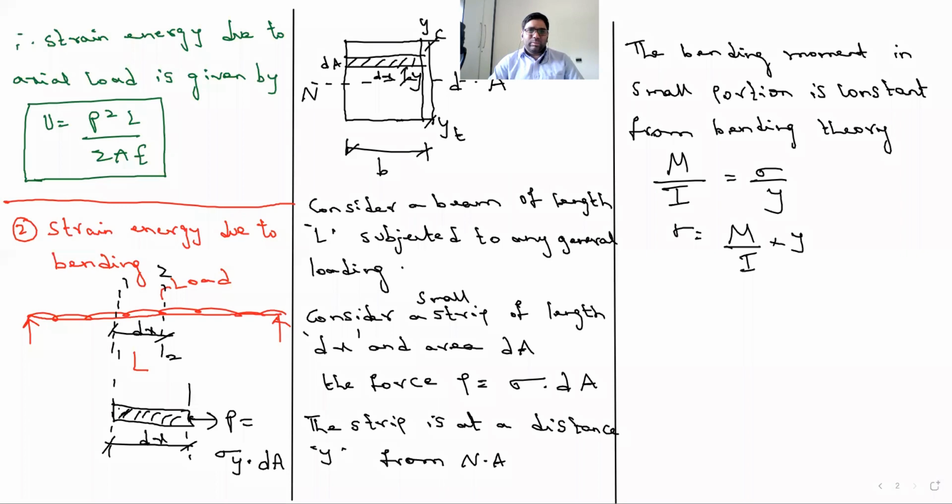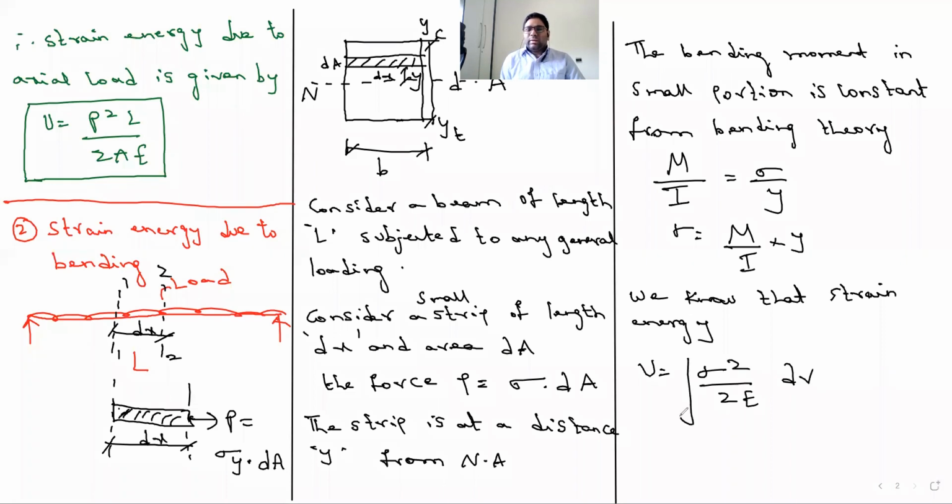Okay. Now, what all do we know? We already know that strain energy U is equal to integral of sigma square by 2E into dV.